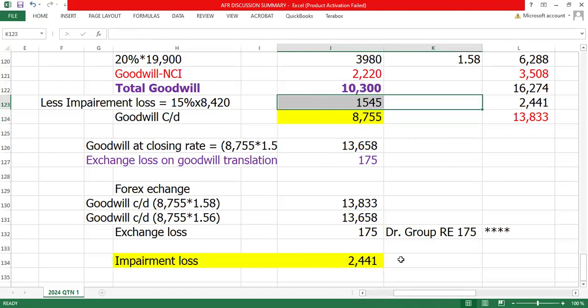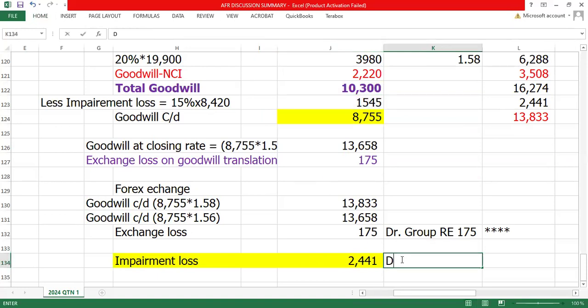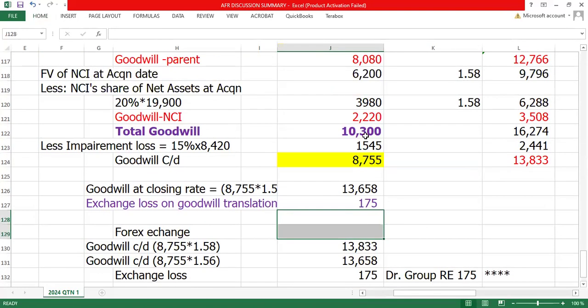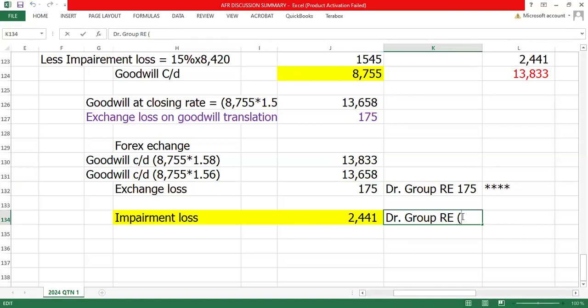This impairment loss will also reduce your retained earning, but it should be shared because the goodwill of the NCI was positive. So you get 80% times 2441.